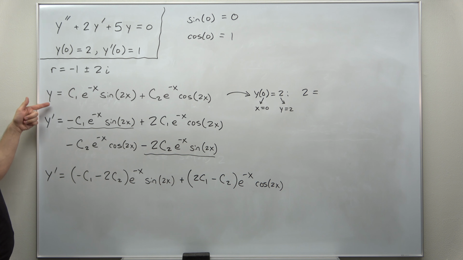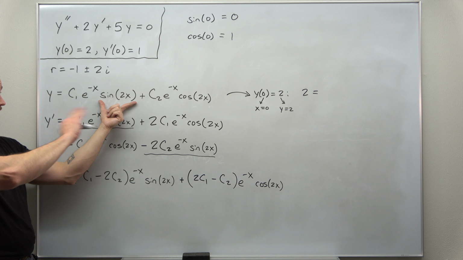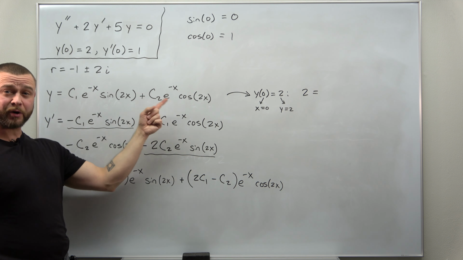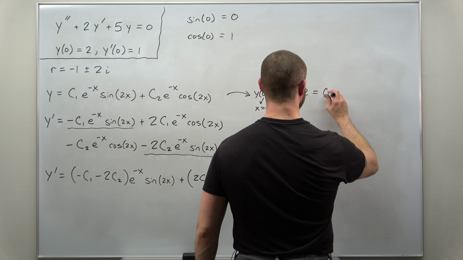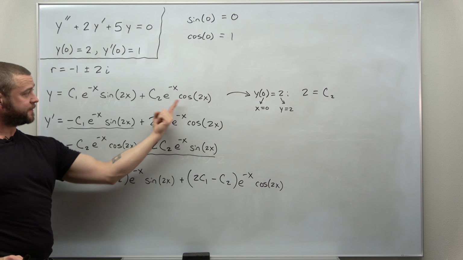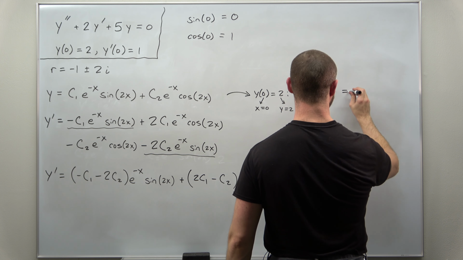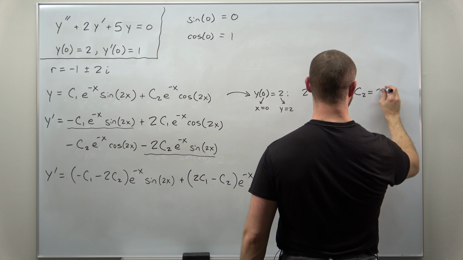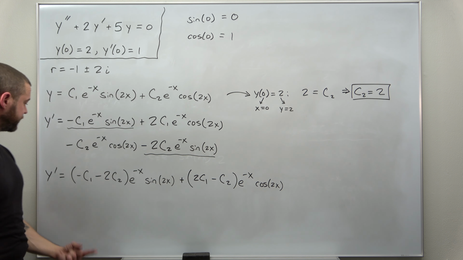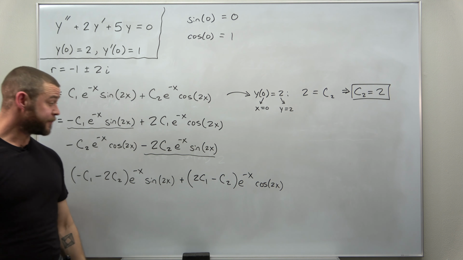And what are we left with? When we plug in x is 0, we get sine of 0, so that's gone. And what we're left with, cosine of 0 and e to the 0, which are both 1. So on the right side here, we're just left with c2, the coefficient of the cosine term. So that's done. That tells us that c2 has the value 2.